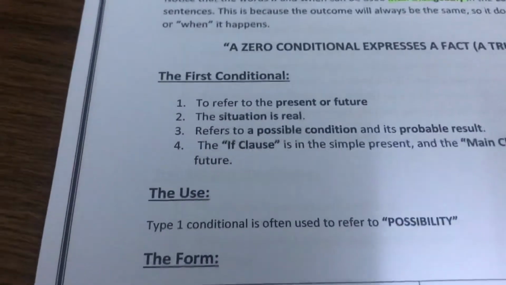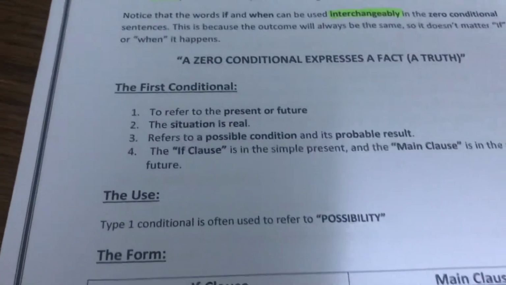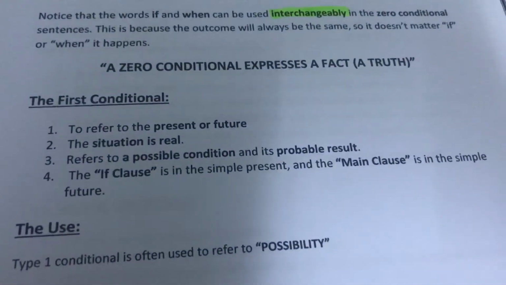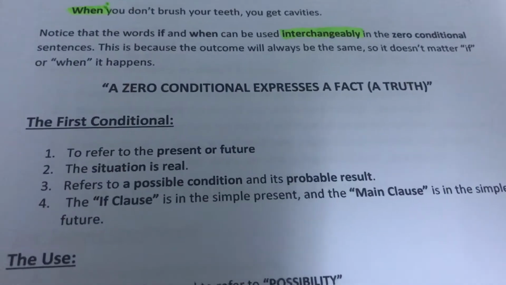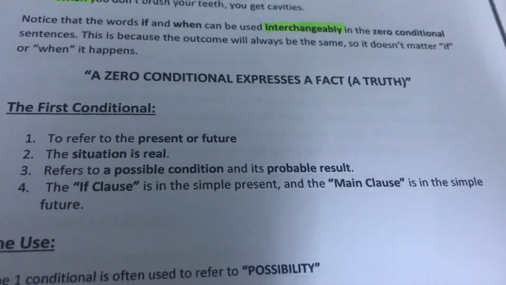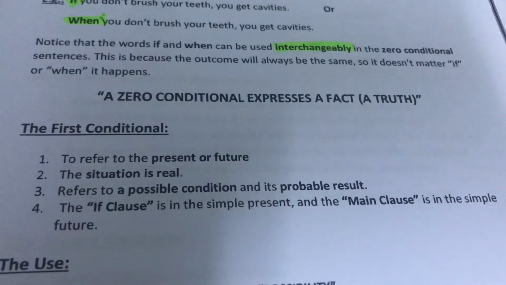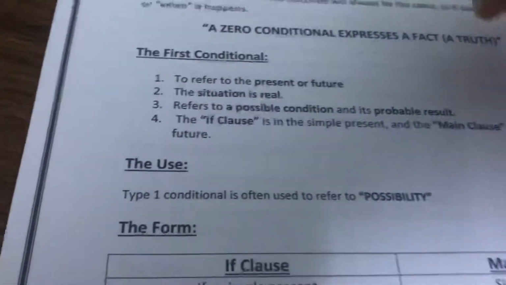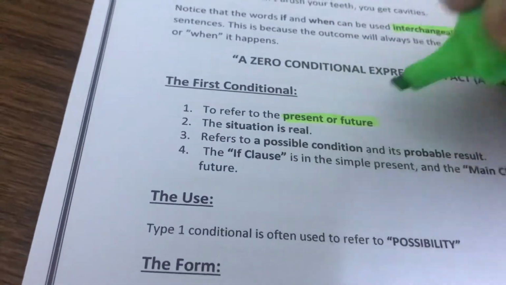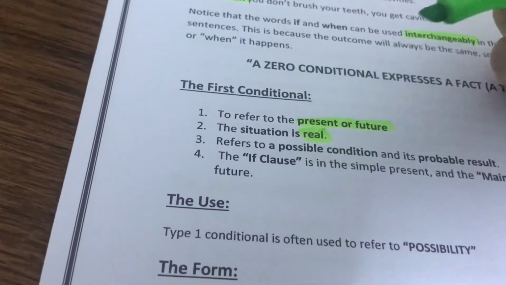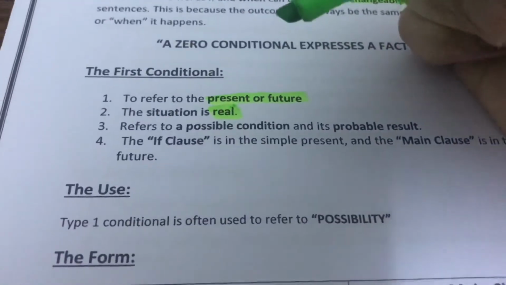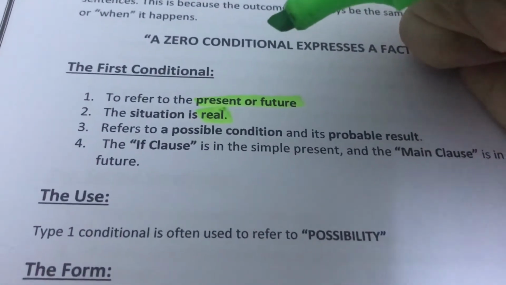Let's go now to the first conditional, which is the second part of our lesson. The definition of the first conditional: it refers to the present or future. The situation is real, and it refers to a possible condition.